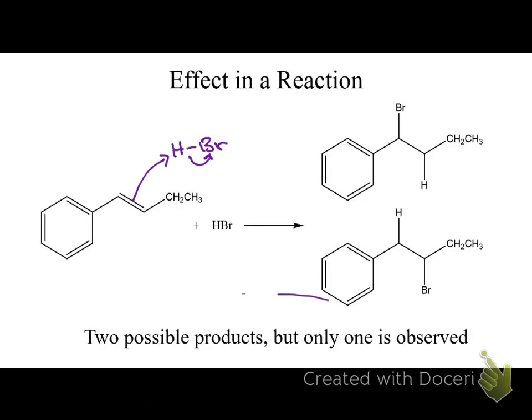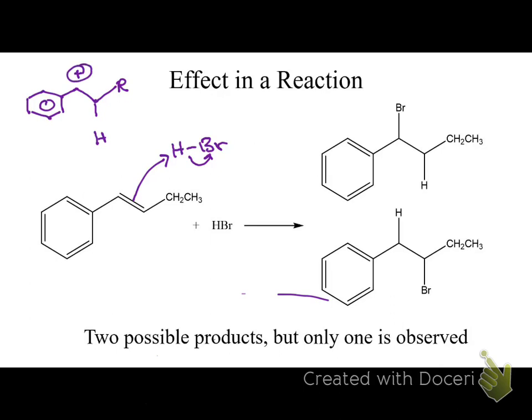I end up with two possible intermediates, and they're going to look like this. Because the hydrogen can add here. I'm going to put an R here so I don't have to draw the rest of it. And then if I do that, where's the positive charge? It's on the other one, right?